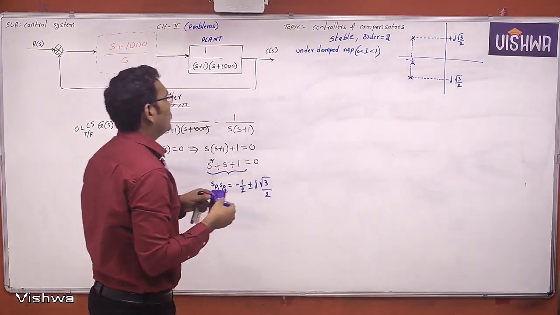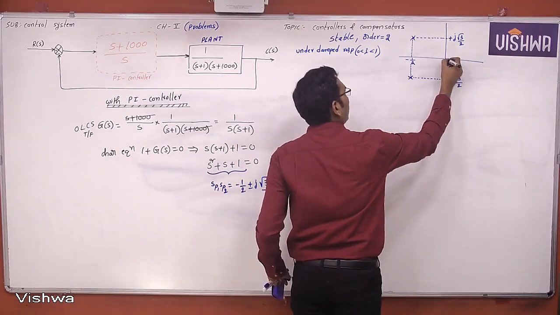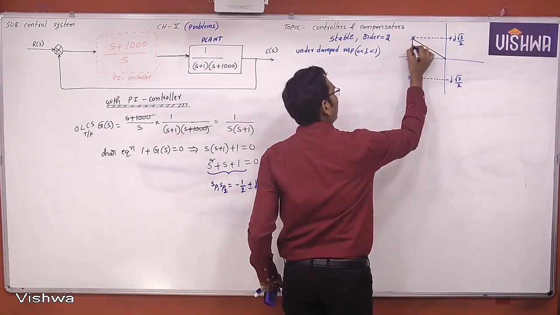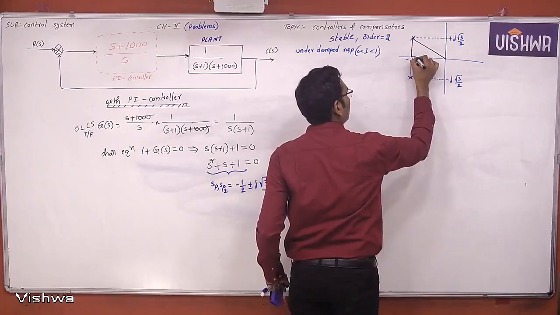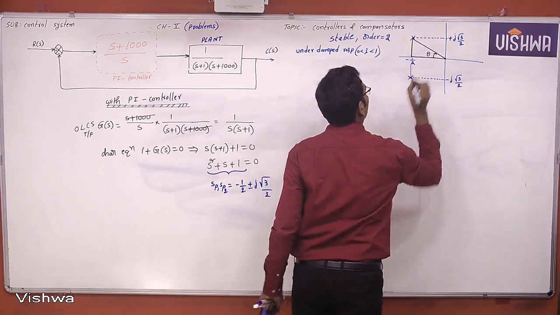When this is the underdamped response, if I draw a vector line from the origin to the complex conjugate pole, it makes some angle of inclination, which is called theta.